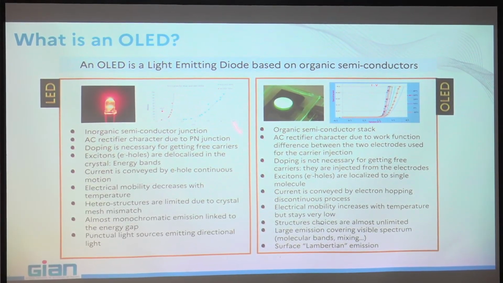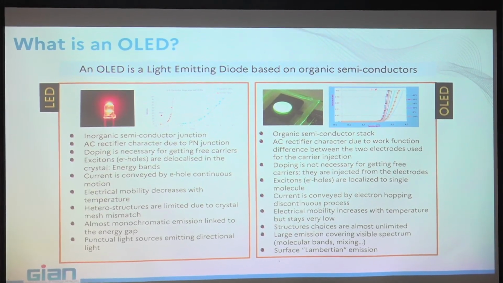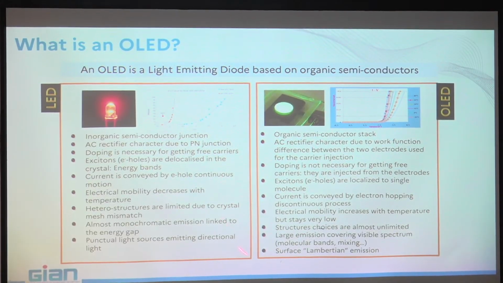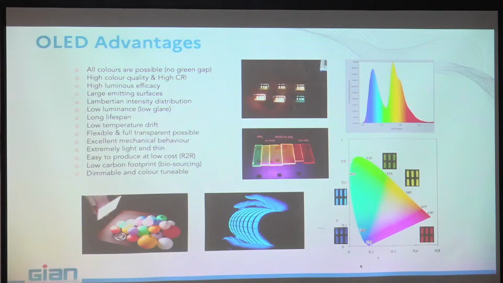Both LEDs and organic LEDs are diodes, PN junctions, with the same characteristic, but organic LEDs have some different behavior that can be very interesting for some kinds of applications. You can generate any kind of color, including green.